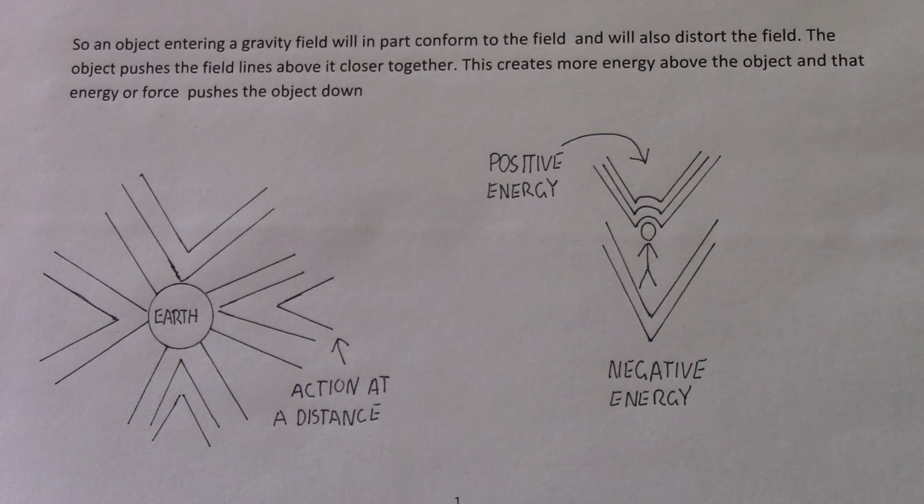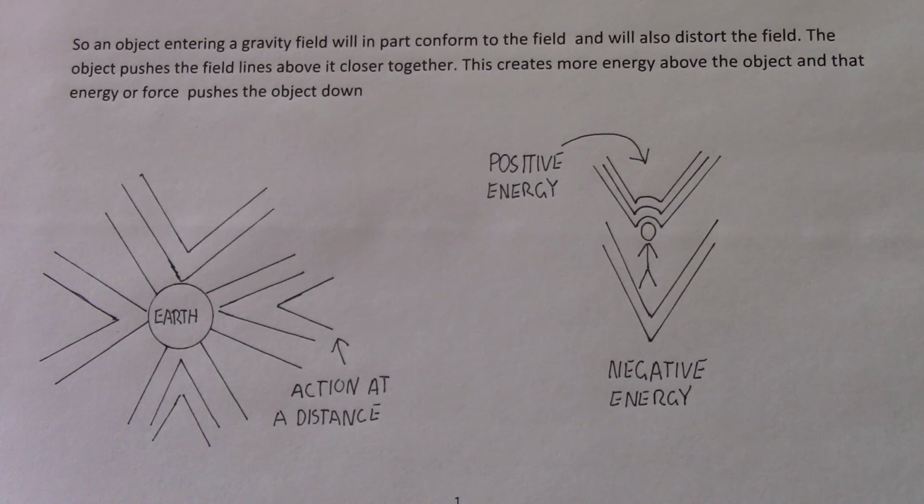So the bottom part of the object is also stretched as it conforms to the shape of the field. So below the object, the field is negative, and above, the object itself is creating a positive force. So at the same time it's being pushed and pulled towards the ground.